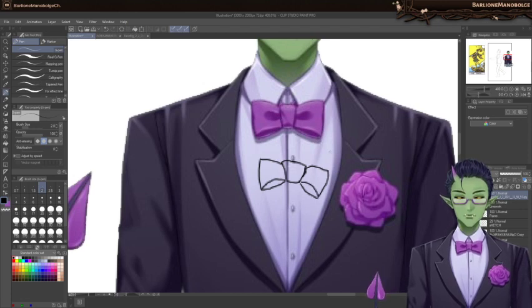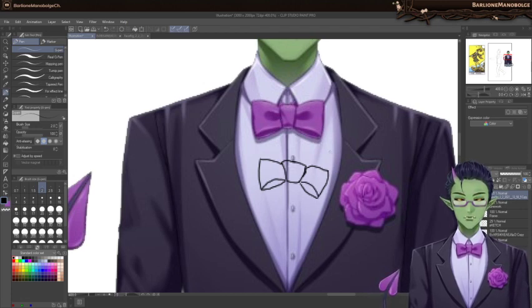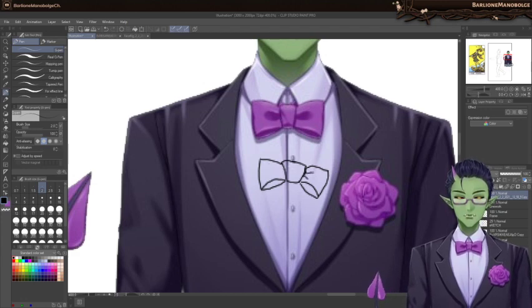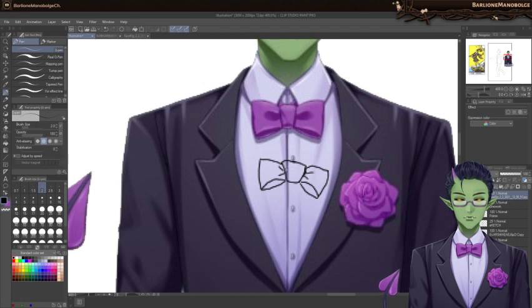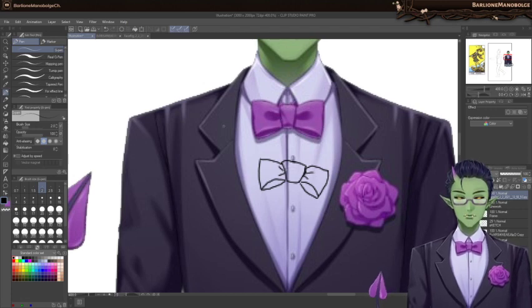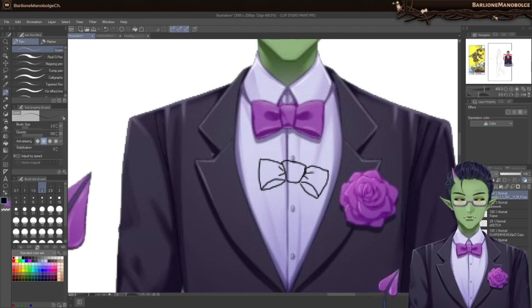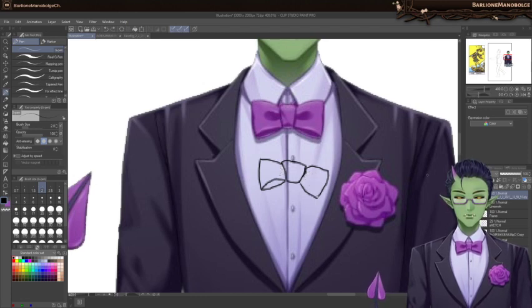There we go. Looks decent. It's a neat depth. There, that's a bow tie. Now, time to draw one on an angle. Get rid of that. I don't want it actually being there.